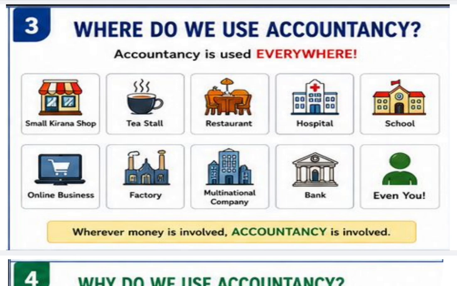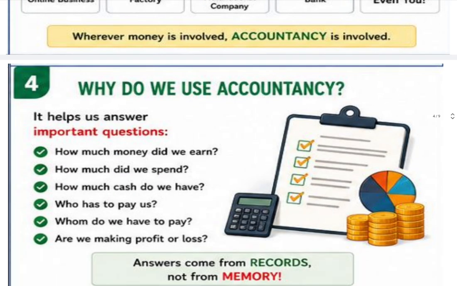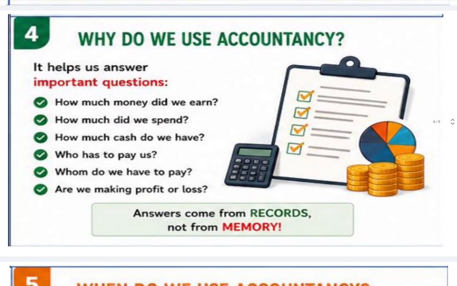Where do we use accountancy? We use it everywhere: a small kirana shop, tea stall, restaurant, hospital, school, online business, factory, multinational company, bank. Wherever money is involved, accountancy is involved. Why do we use accountancy? It helps us answer important questions.